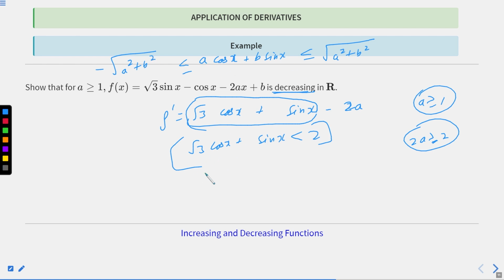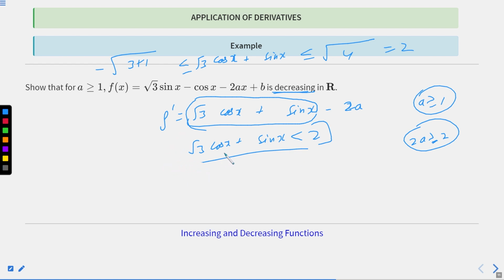Here a is root 3 and b is just 1. So this means root of 3 plus 1, which is root 4, which is 2. So this is less than or equal to 2. You showed that this is less than 2.